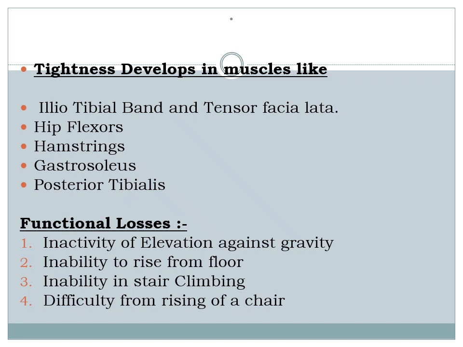What are the muscles? Already we have discussed the gluteus maximus, medius, adductors, flexors, and the major muscles of the quadriceps. So it's difficult to rise from the floor, climb, and rise from the chair.